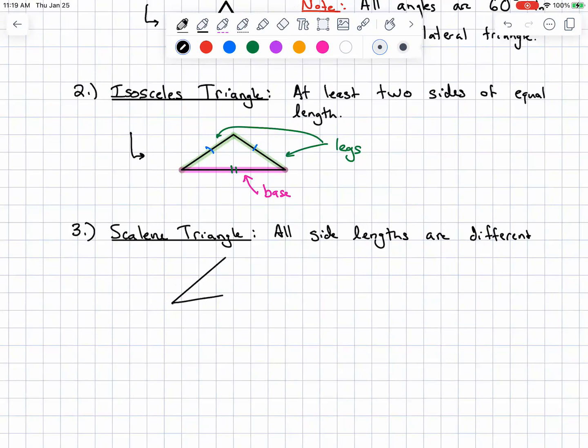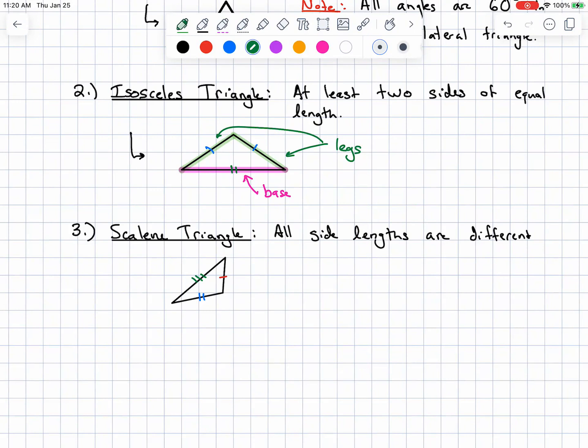Draw it like this. And so we see every side has a different side length. And similar to isosceles triangles, scalene triangles can be obtuse, they can be acute, they can be right.